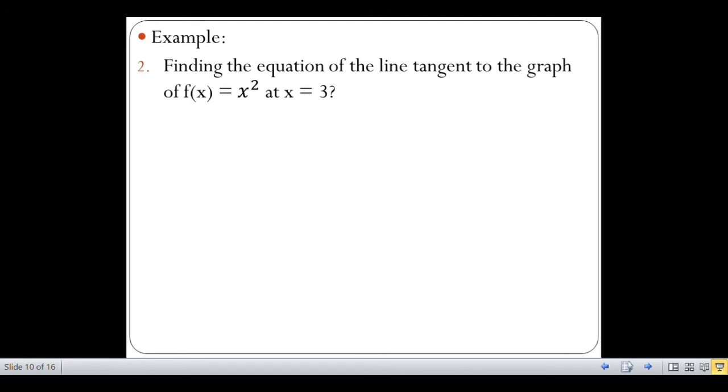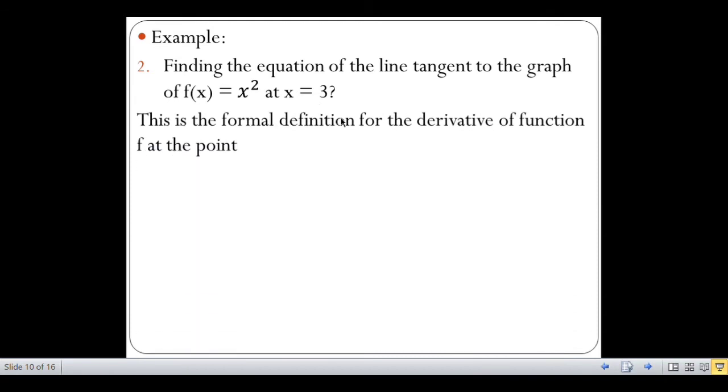So, example number 2, finding the equation of the line tangent to the graph of. So, our problem is f of x equals x squared at x equals 3. So, this is the formal definition for the derivative of function f at the point x equals c. So, for the second example class, gagamitin natin dito yung formula for derivative.